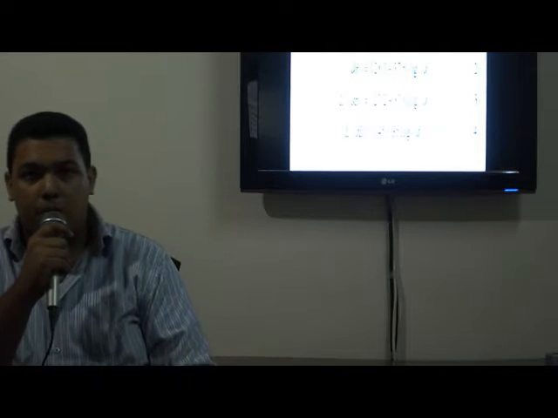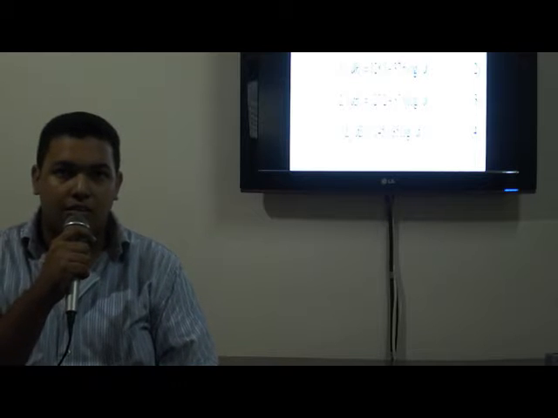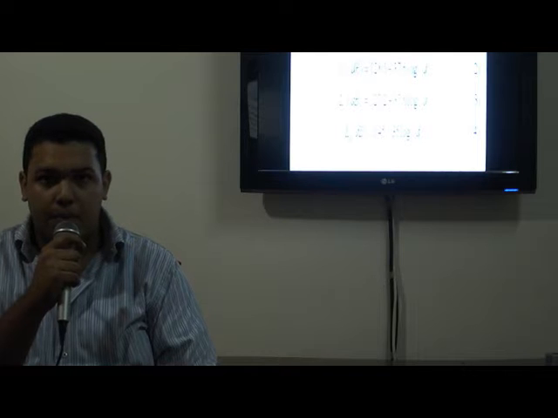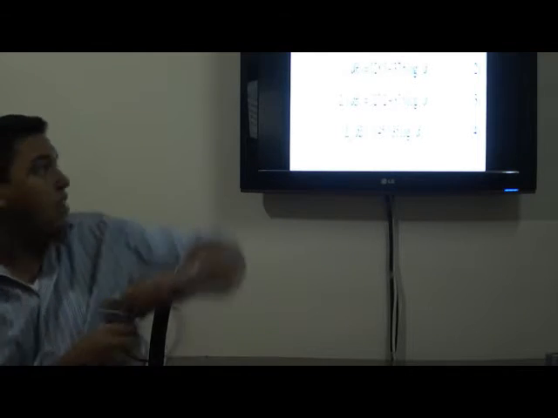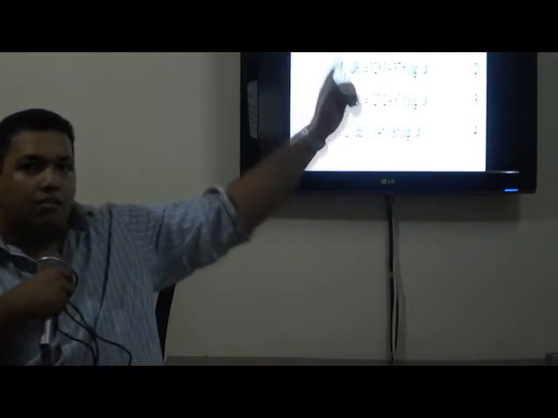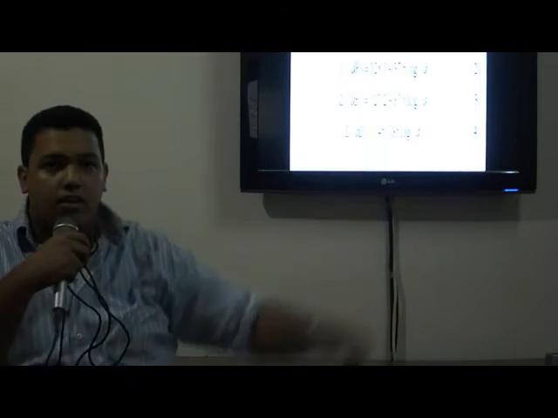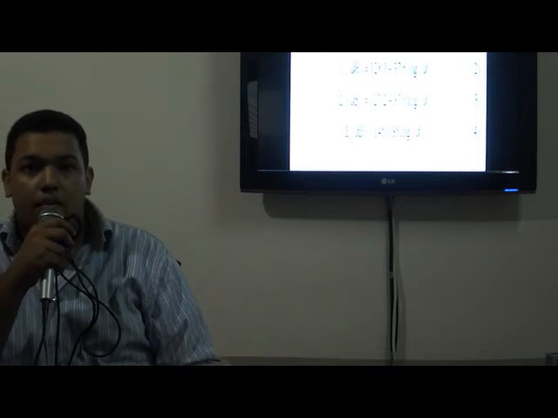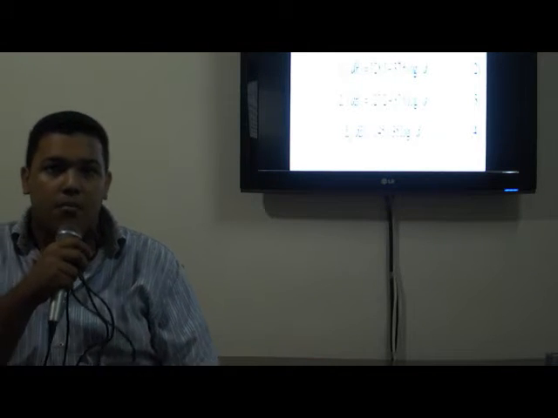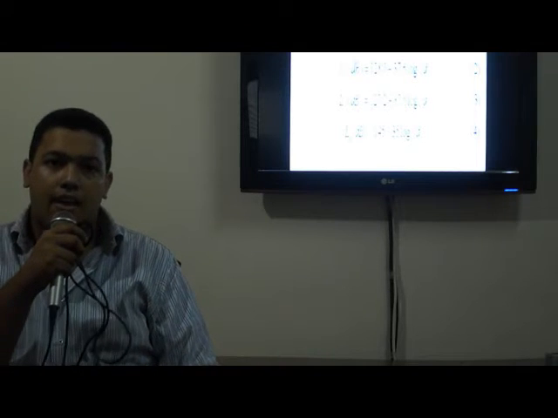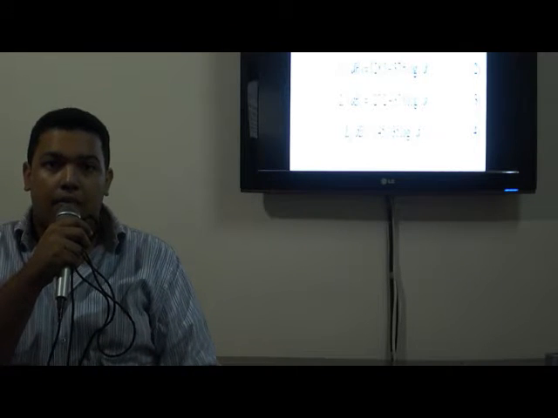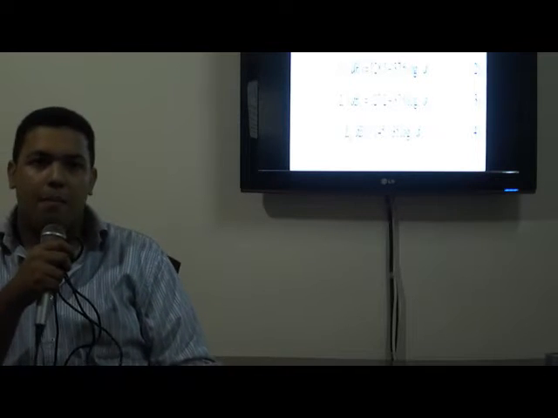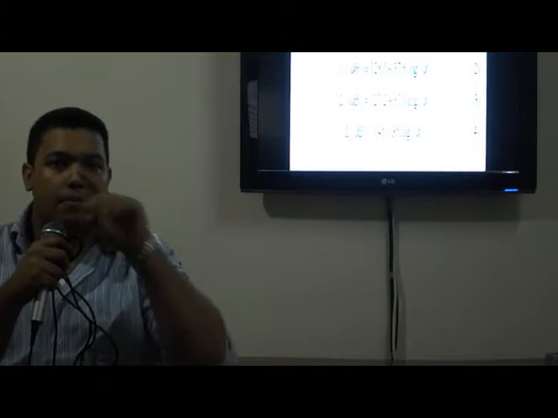The path loss model provides an average measure of the signal attenuation over a given distance. For a cellular system, the path loss in dBs has been considered as this equation. This represents the loss in the first equation, where d is the distance in kilometers between the base station transceiver and the mobile terminal, f is the carrier frequency in megahertz, and hb is the base station antenna height, measured in meters from the average rooftop level.